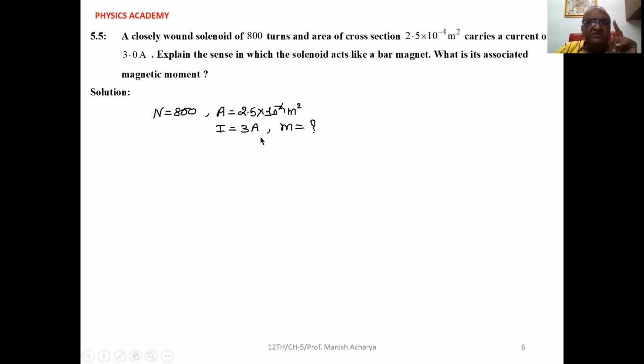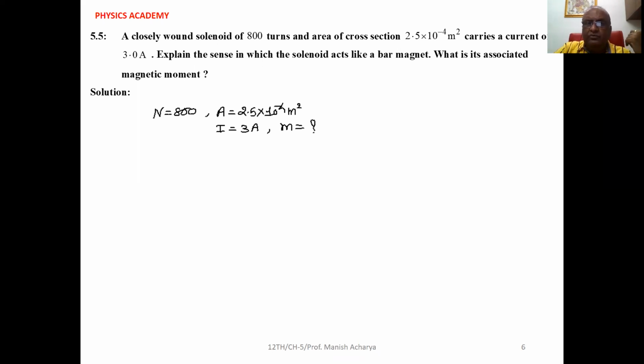Now when the current is passed through the solenoid, a magnetic field is produced by it, and the magnetic field lines of the solenoid are identical to the magnetic field lines of the bar magnet. So we can say the solenoid itself behaves as a magnet, and one end of the solenoid will behave as the north pole, the other end as the south pole.